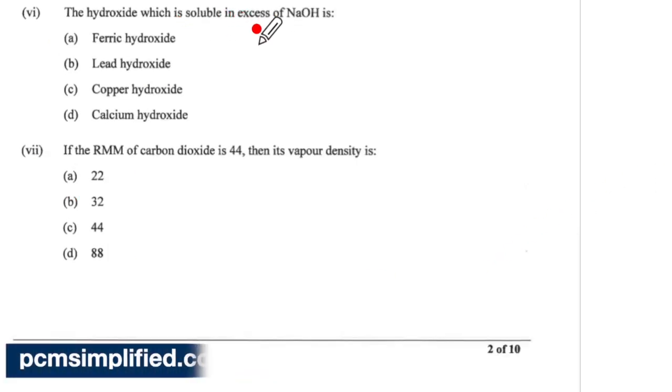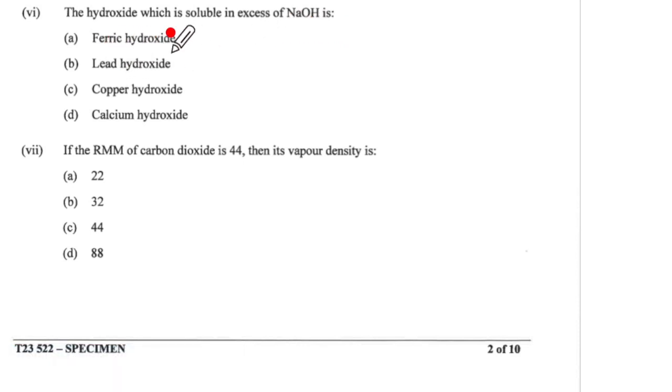The hydroxide which is soluble in excess of NaOH is not ferric, it is lead, because Zn, Al and Pb, the oxides and hydroxides, will form soluble products in NaOH. So we come to copper, calcium, no, they will be insoluble.